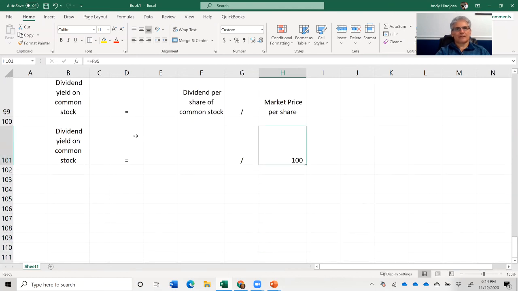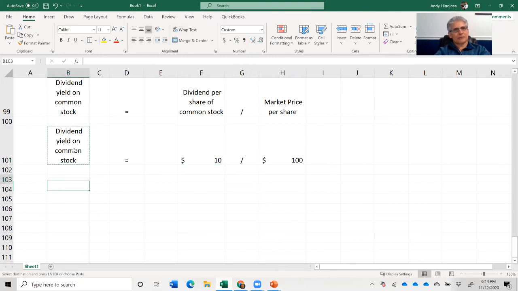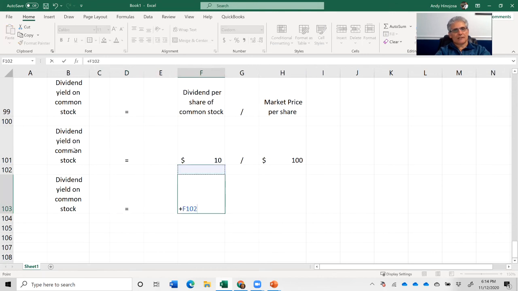That's going to have to be given, so that's not anything that we could look up on a financial statement. And then this would actually have to be given as well. So let's assume that they pay out an average of $10 per share. And so then our dividend yield will be computed by taking 10 divided by 100, and that's going to give us a percent.